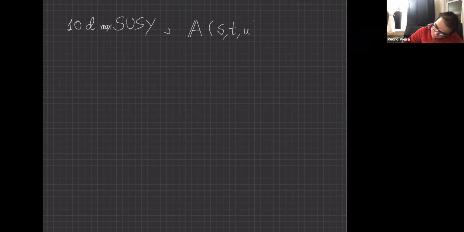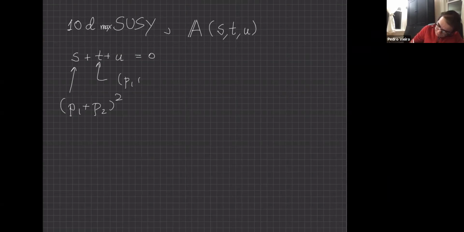Okay, let me write S, T, and U. This is a bit misleading because S plus T plus U equals 0. These are just the usual Mandelstam variables. Such that my scattering amplitude, because of supersymmetry, is given by some supersymmetric delta function, some delta of Q, times some amplitude A, meaning that all components are related.